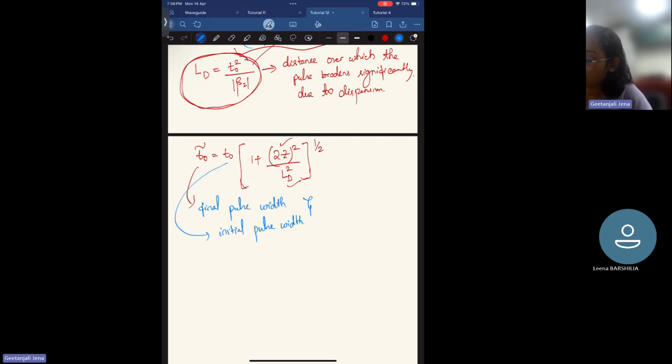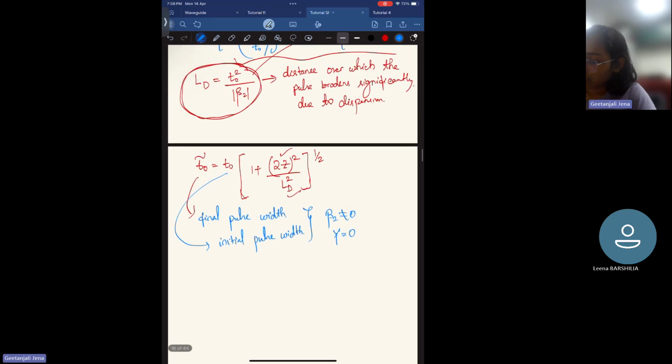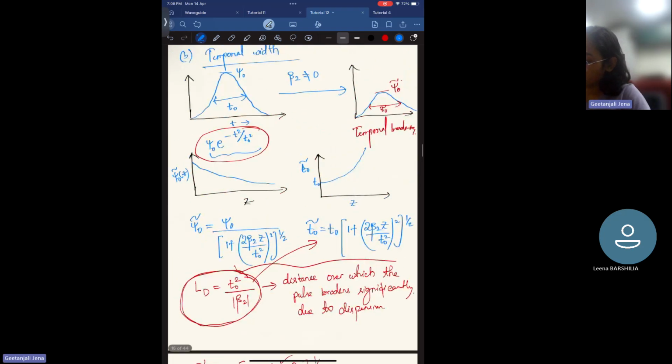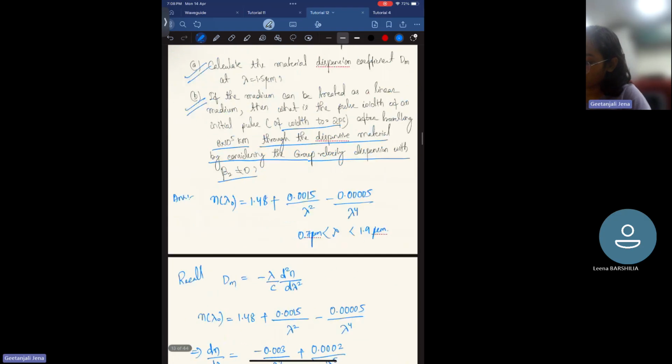This expression is valid when beta 2 is non-zero and other dispersion terms like beta 3, beta 4 are negligible, and when gamma is 0, that is, it's a linear medium. Okay, so let us see what is given in our question.